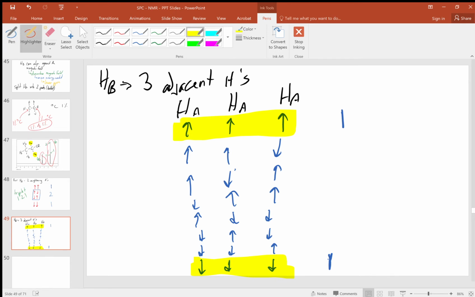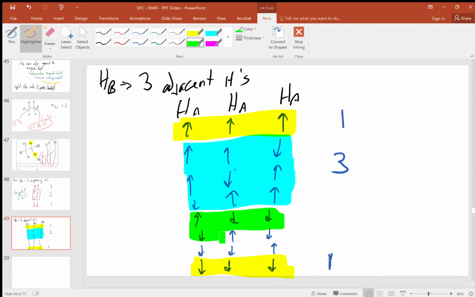But as long as our three protons are all equivalent to each other, then any situation where two are with and one is against will be equivalent. So that's these three situations. And there's three of those. There's also three situations where one is with and two are against.